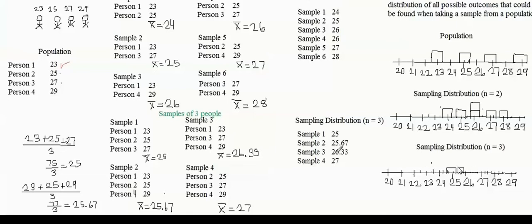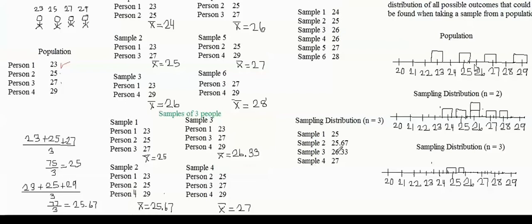I think this is an incomplete version of the slide from before I was finished, but we had 1 box at 25, 1 for 25.67, 1 for 26.33, and 1 for 27 right here. So this sampling distribution for this sample size had a flat shape, just like how the population had a flat shape. So now we reviewed the difference between the shape of the population and the shape of the sampling distribution.